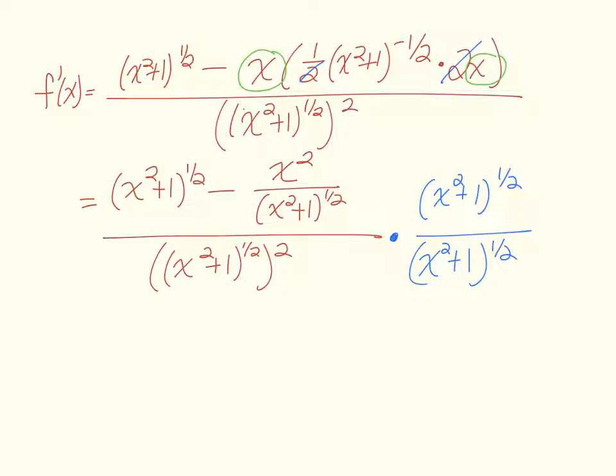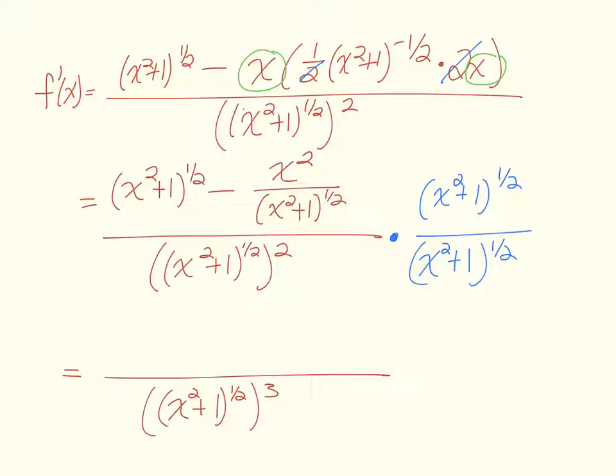In the denominator, we now have this expression being squared, and we're going to multiply it to that another one of those expressions. So we will have 3 of these being multiplied, which tells us we will have x squared plus 1 to the 1/2 power cubed.